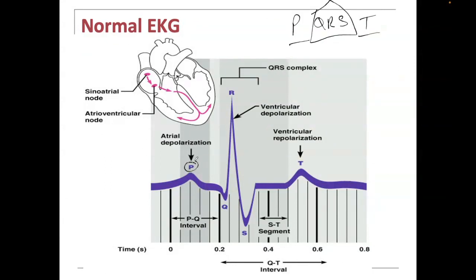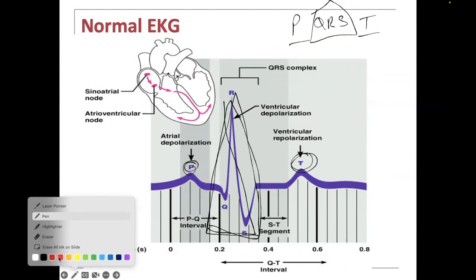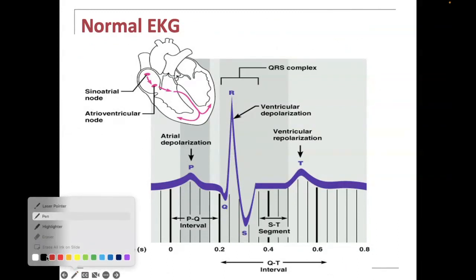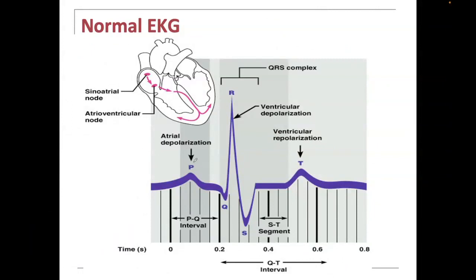So we're going to look at the P, the Q, oh, that was horrible, the QRS wave, and then here's the T wave. Let me erase that because that was just super sloppy. Okay, so we have the P wave, the QRS wave, and then the T wave.